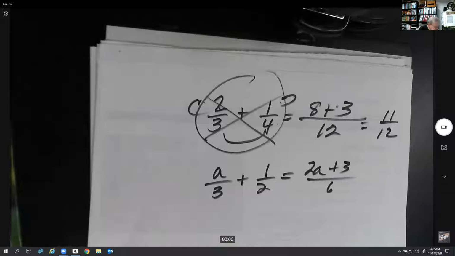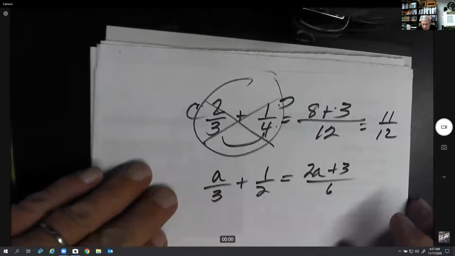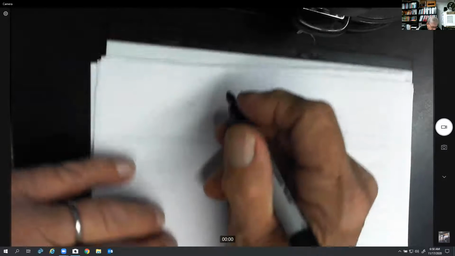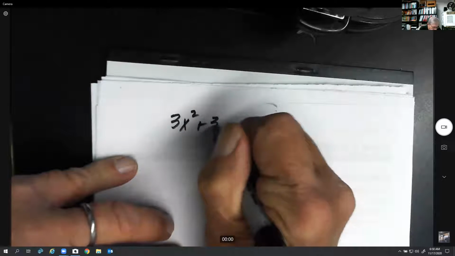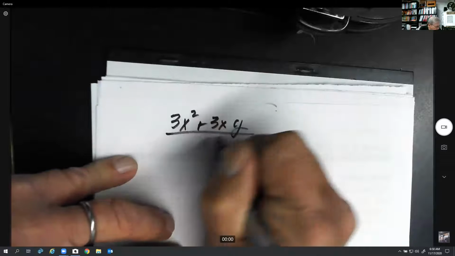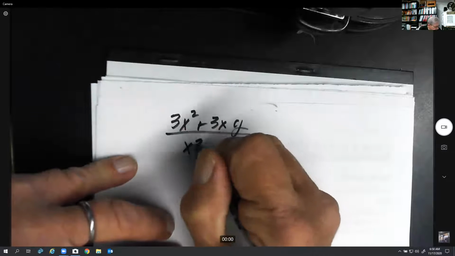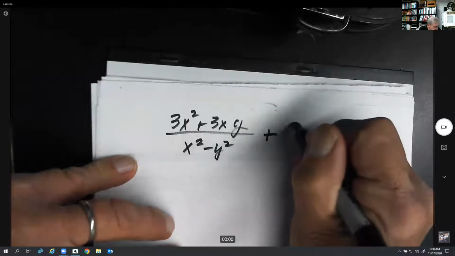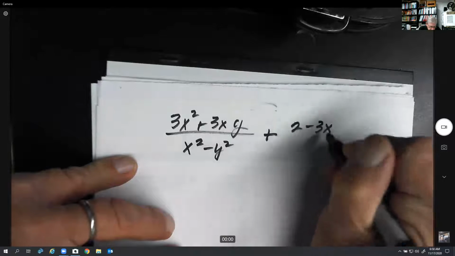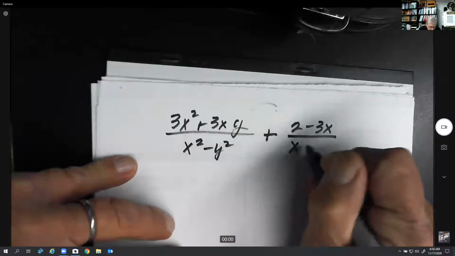Now, most of the time we don't have something that easy, so then we get stuck with a little tougher problem. So let's try one that's a little bit harder. This is example 10: 3x squared plus 3xy over x squared minus y squared plus 2 minus 3x over x minus y.